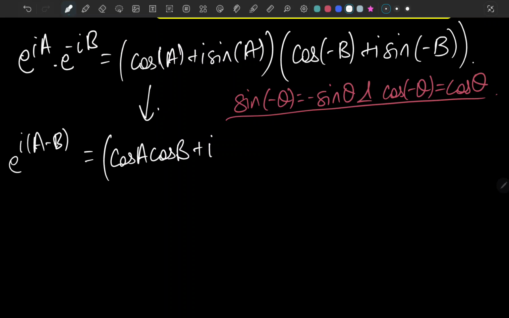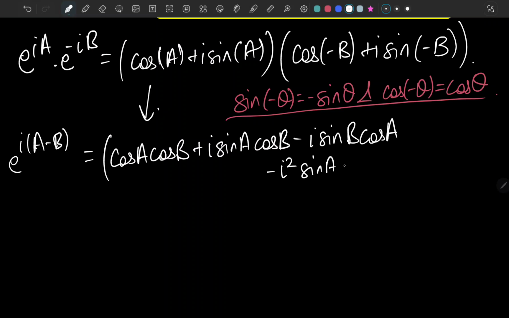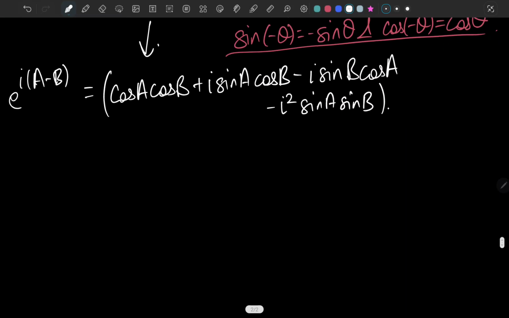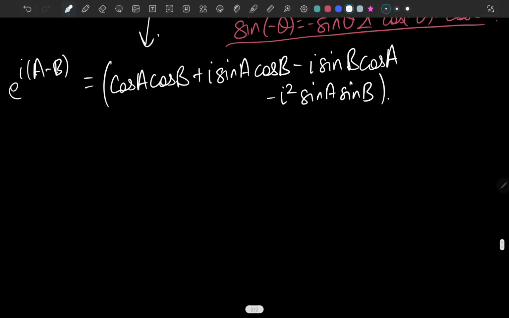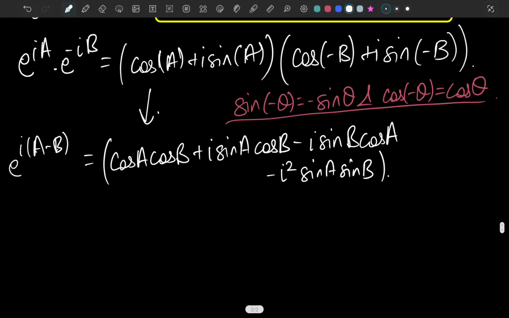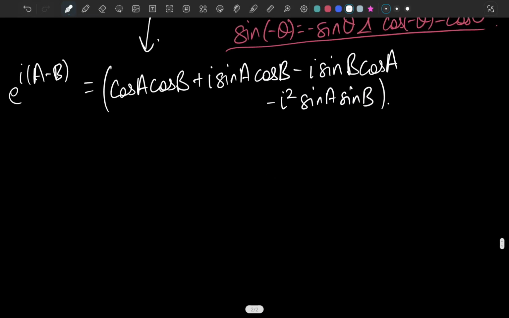That gives us I times sine a cosine b, then minus I times sine of b cosine of a, and minus I squared sine of a sine of b. When you solve I squared, that gives us minus 1.